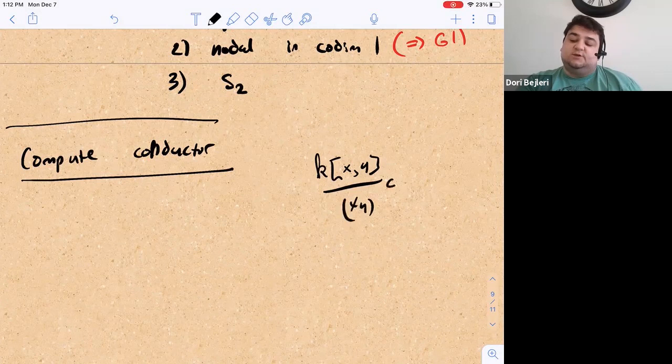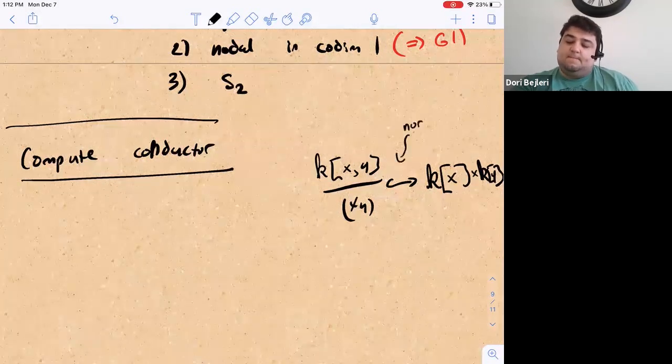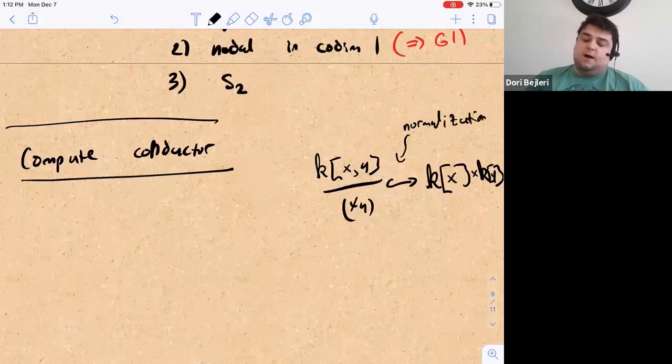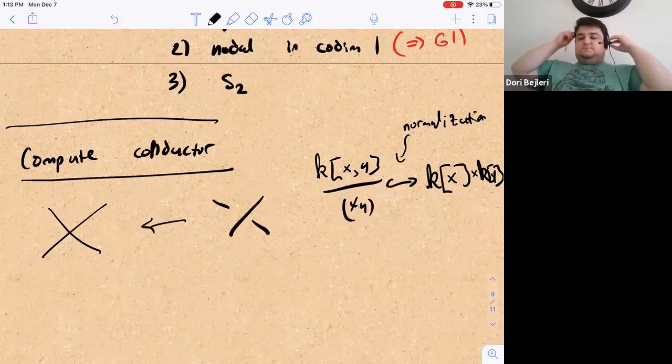And its normalization is just two smooth branches. That's the normalization on coordinate rings. Or geometrically, you take a node and now you pull them apart, so you have two smooth branches.